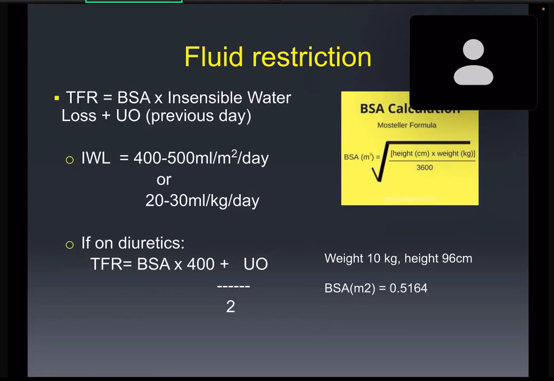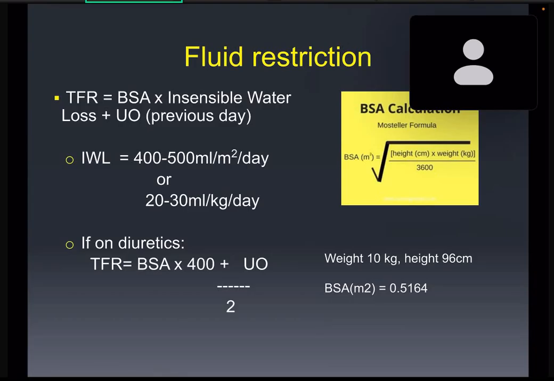So what is insensible water loss? Meaning the loss from the GI, from the respiration, from the urination, if there's any. So you compute the BSA times 400 to 500 ml per meter squared per day, or around 20 to 30 ml per kilogram per day.